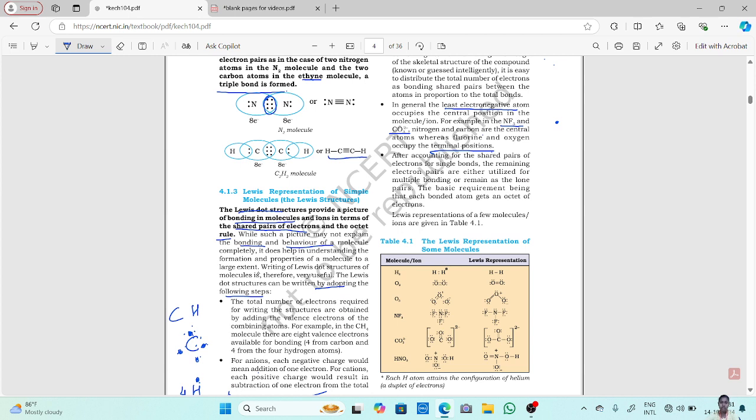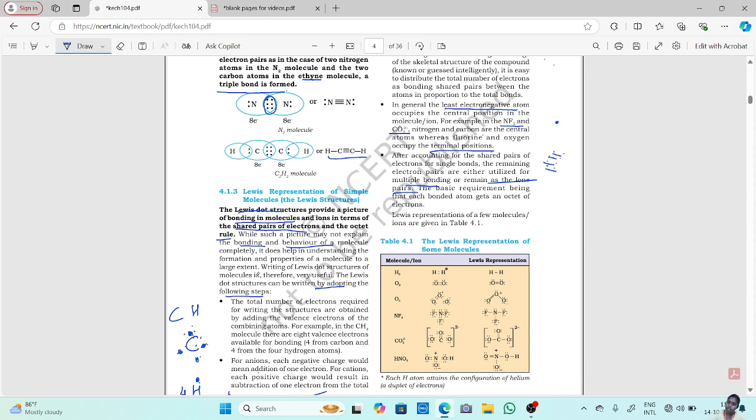So after accounting for the shared pairs of electrons, whatever electrons are remaining which don't get involved in the bonding, the remaining electron pairs are either utilized for multiple bonding or remain as lone pairs of electrons.